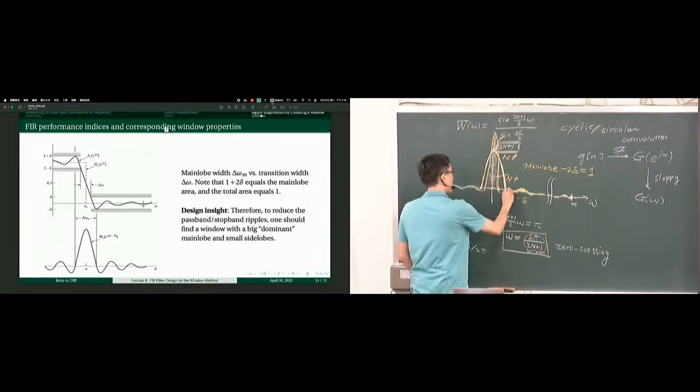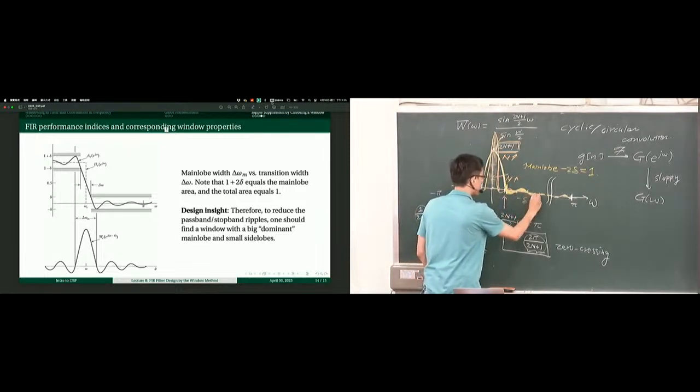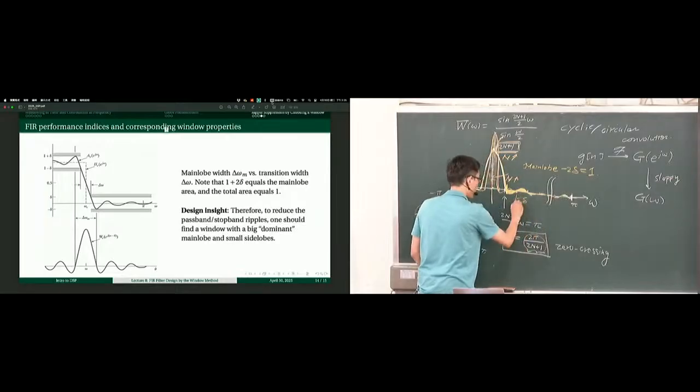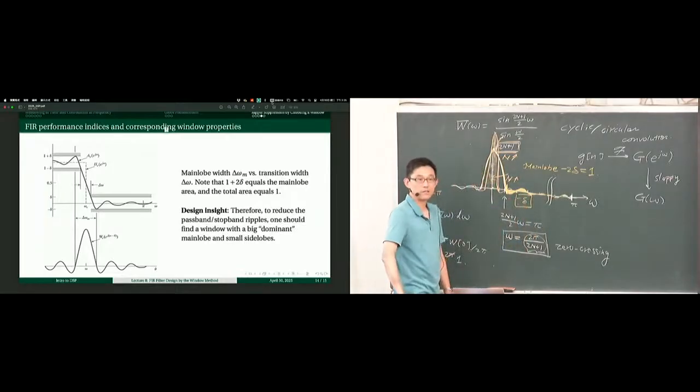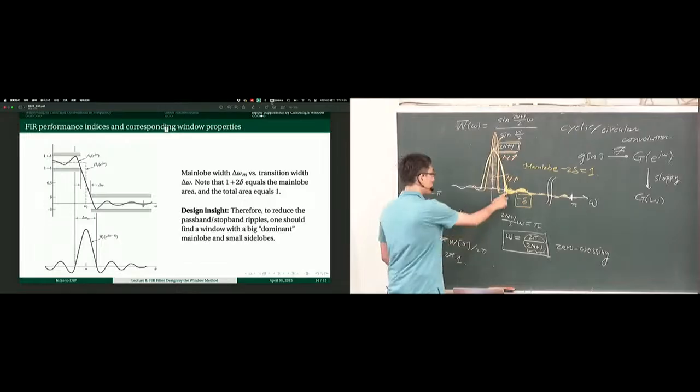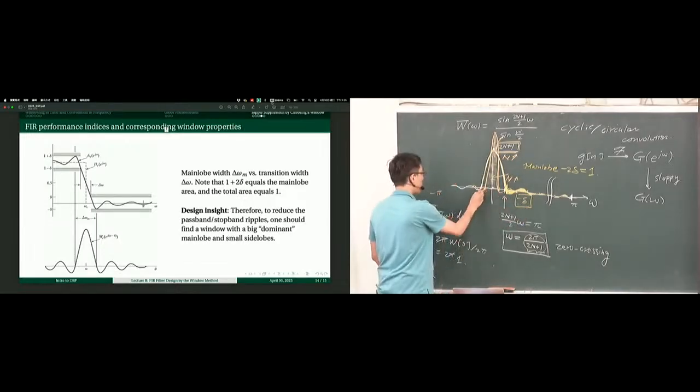Starting from the edge of the main lobe to the right, if you take an integral, this area turns out to be negative, and let's call it minus delta. And because of symmetry, if this is minus delta, then on the left-hand side, this part should also be minus delta.